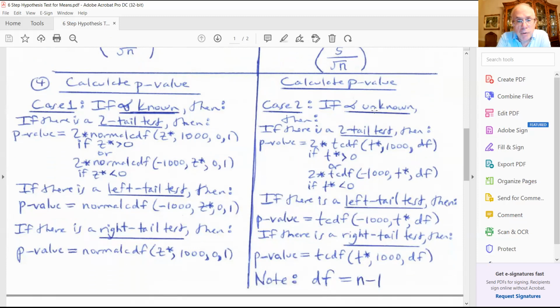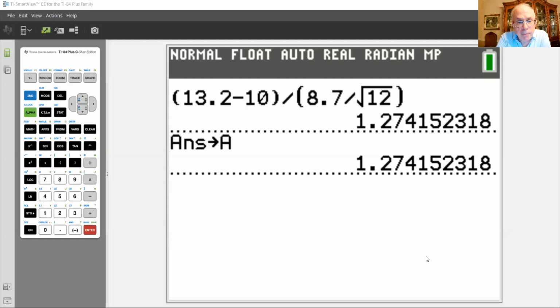All right, let's go back to our calculator. So we don't multiply by 2 for a right tail test. We simply do tcdf.